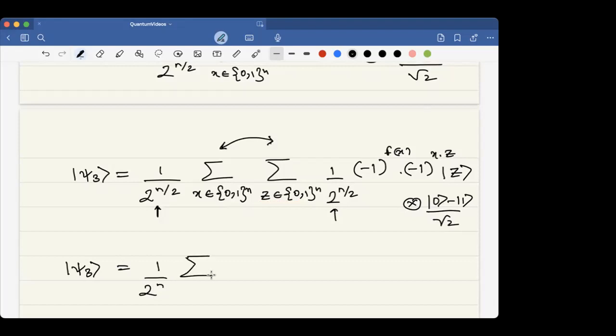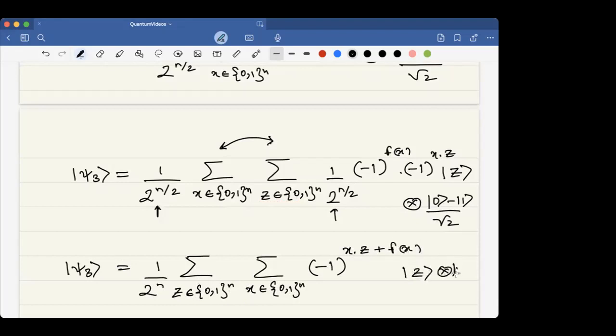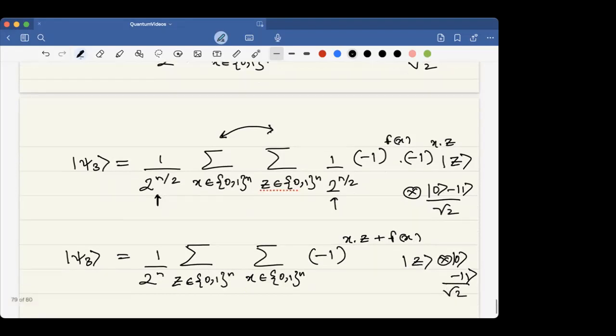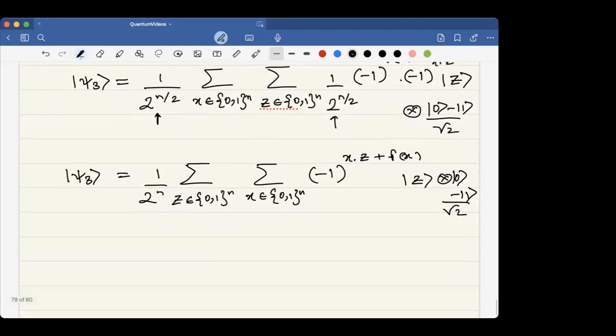So I get z belonging to {0,1}^n, and then I have this summation x belonging to {0,1}^n, (minus 1) to the x dot z plus f of x, z tensor (0 minus 1) over square root of 2. Right? Okay, so we have got this state and now we are going to measure it.